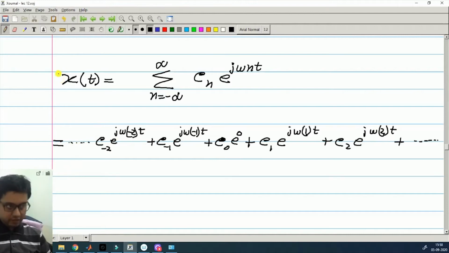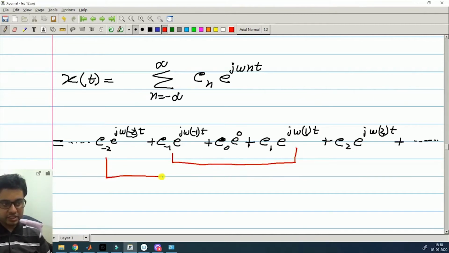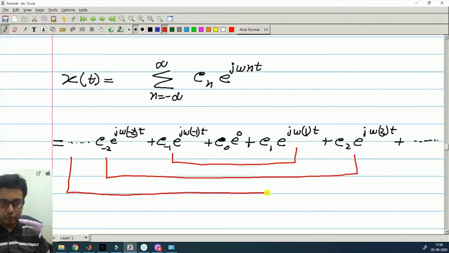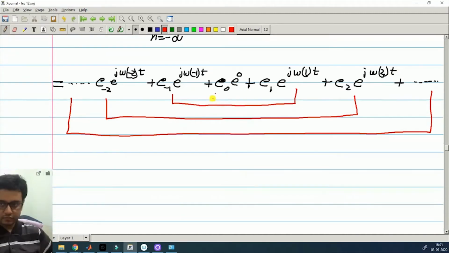Now let us group these terms together like this, with this, and had I written more terms, then C minus 3 e to the power j omega minus 3 t with C plus 3 e to the power j omega 3 t. So let us group them, and now let us keep this term alone.